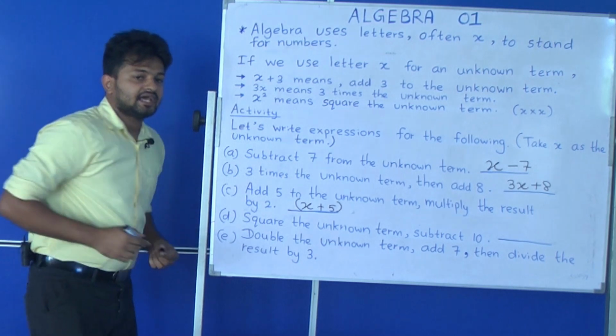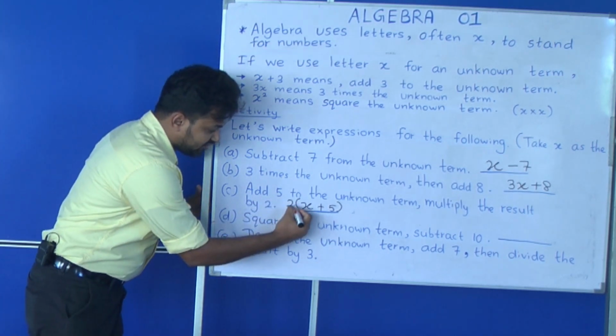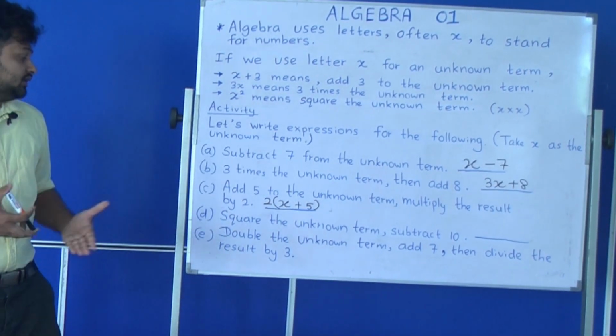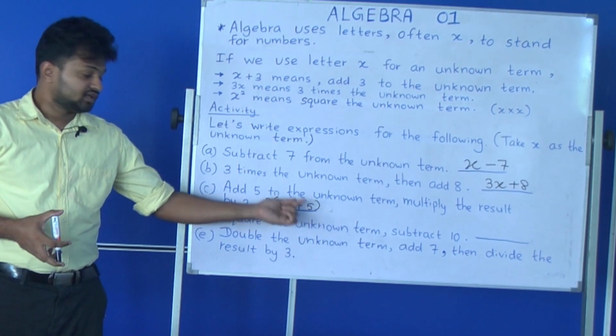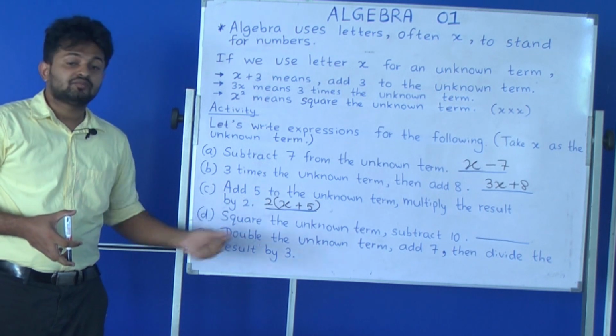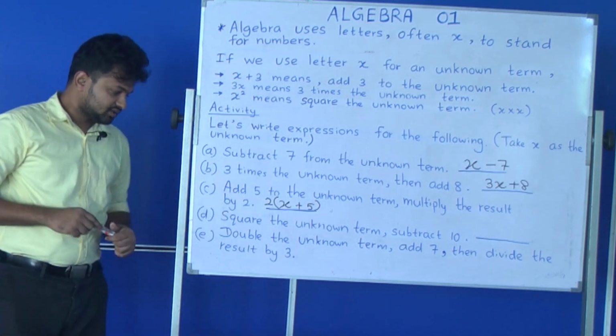When the bracket is there, you have learned before, you can simply write 2 in front. When you write that, it proves that x plus 5 is added first because that is within the bracket. Then the whole thing is multiplied by 2. Then we will go to the next one.